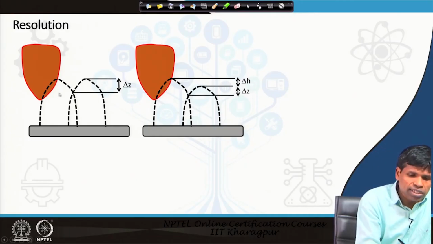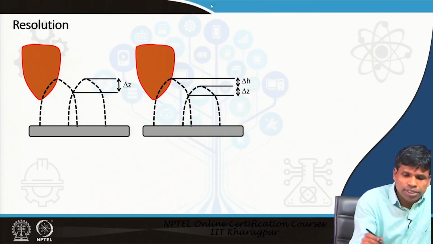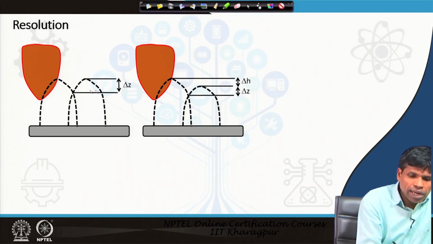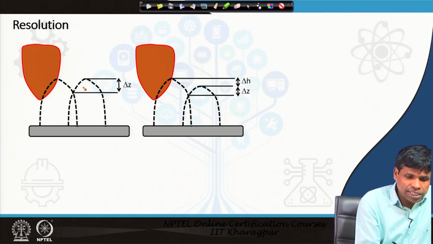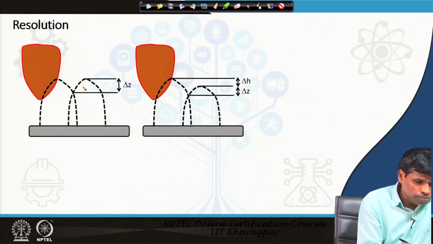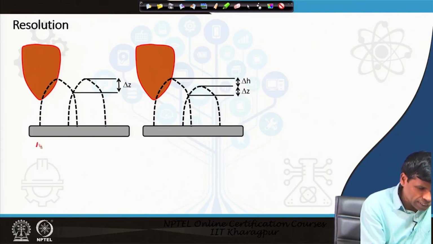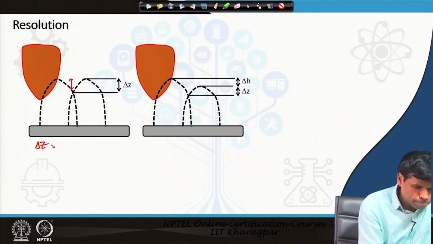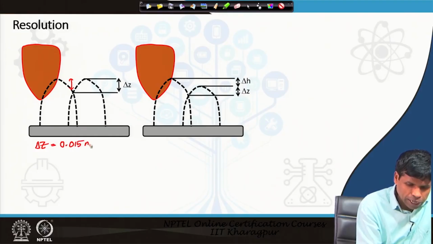For example, here are two vertical objects of equal height, and let us say this del z value, this height value, is around 0.015 nanometer.